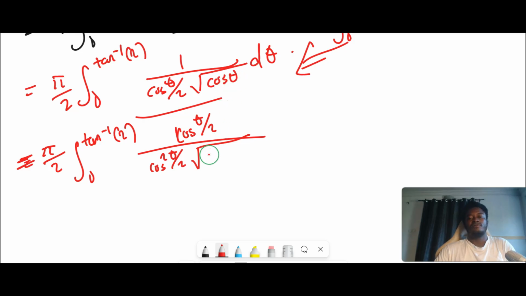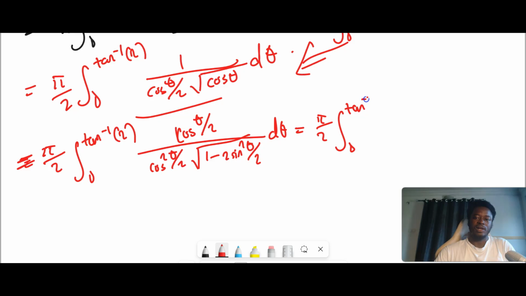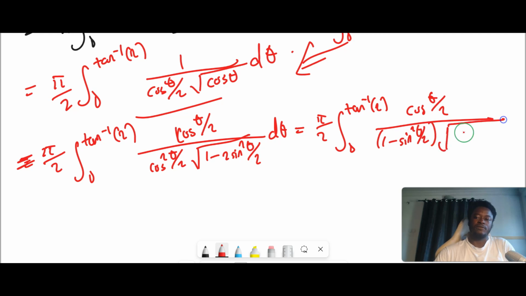This will be the square root of 1 minus 2 sine squared theta over 2 d theta. So you could write this as pi over 2 times the integral from 0 to tan inverse of 2 of cosine of theta over 2, over 1 minus sine squared of theta over 2, times the square root of 1 minus 2 sine squared of theta over 2 d theta.